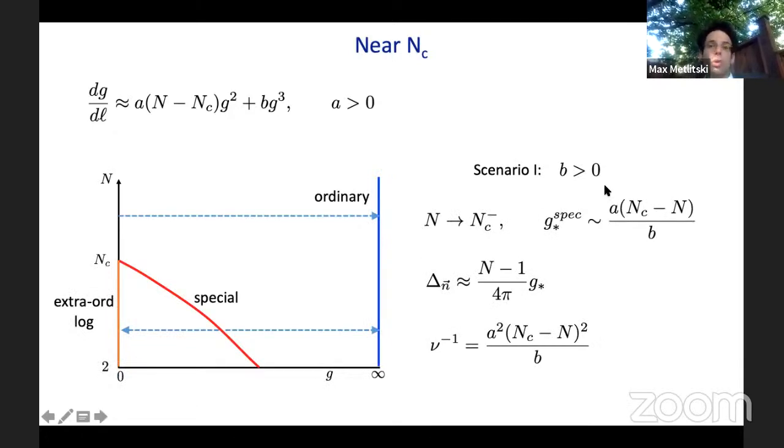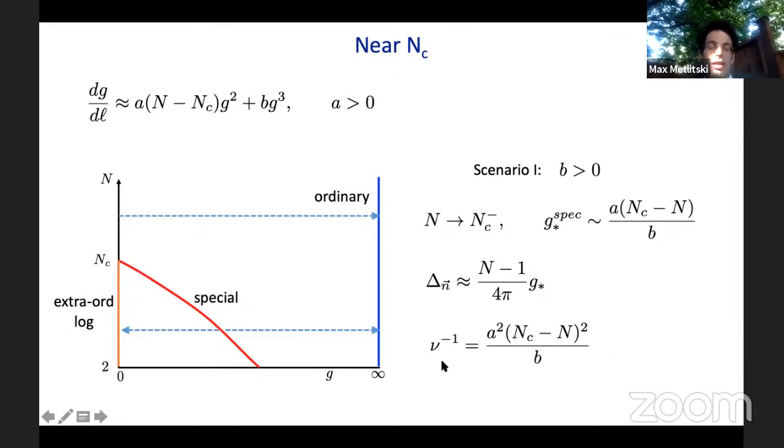Right now we don't know what the coefficient is from analytical considerations, so we better discuss both scenarios. If b is positive, then just below n equal to nc, we find an infrared unstable but perturbatively accessible RG fixed point at some small value of g.